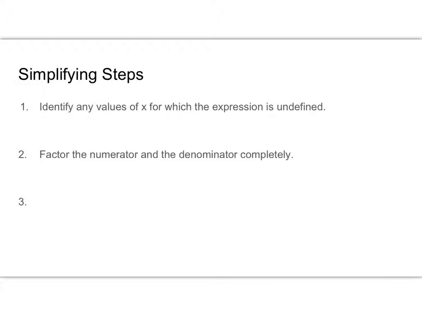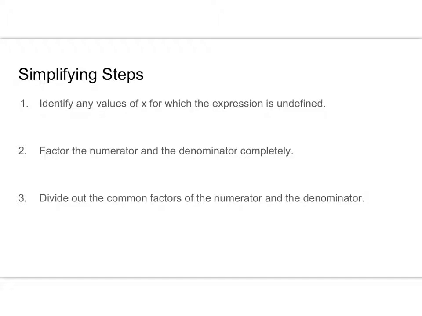The other thing you want to do is factor your numerator and your denominator completely. And sometimes you need to factor first in order to figure out what will make your denominator undefined. And then the last thing you need to do is divide out any common factors from your numerator and denominator, aka canceling out.